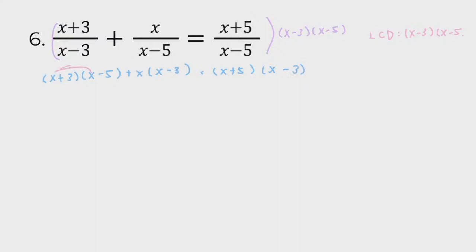Okay, then we're going to multiply. And we'll get x squared minus 2x minus 15 plus x squared minus 3x equals x squared plus 2x minus 15. Next, we want to move everything to one side.